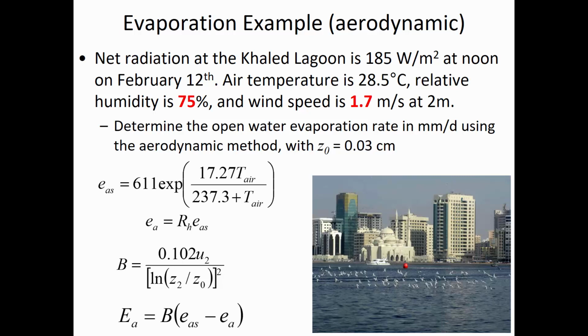When we looked at the energy method in our previous example, it was predicting that we would lose 6.55 millimeters per day. And so we have to figure out which is right. Is it 6.5 millimeters per day when you look at the available energy, or is it 2.2 millimeters per day when you look at the available transport?